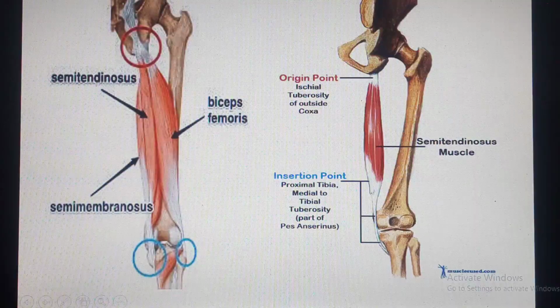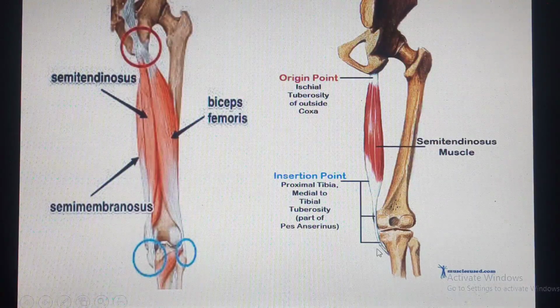And then it runs almost vertically, yes, you can see vertically, to insert on the medial aspect of the proximal shaft of the tibia, just below where we have the medial condyle of the tibia. So that is what we are going to see.